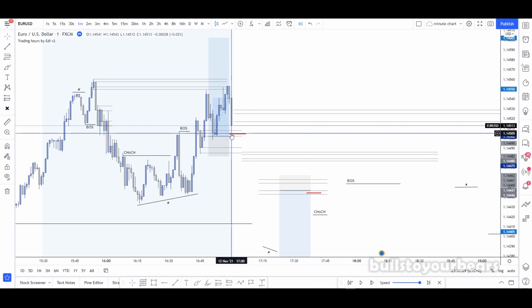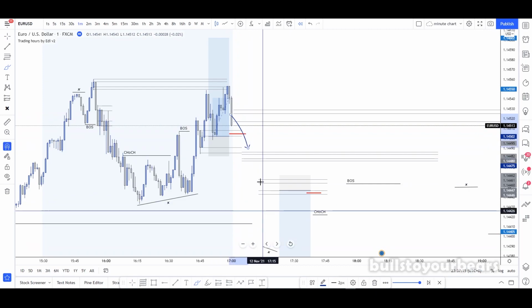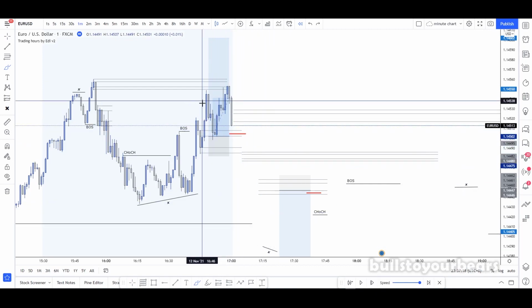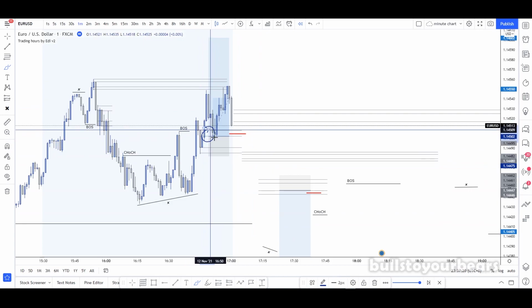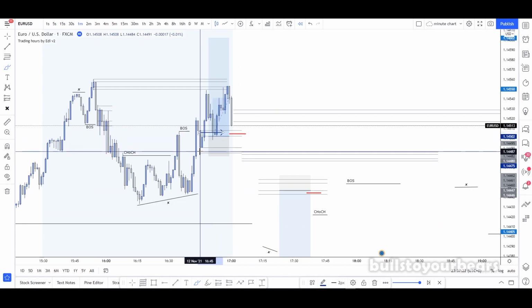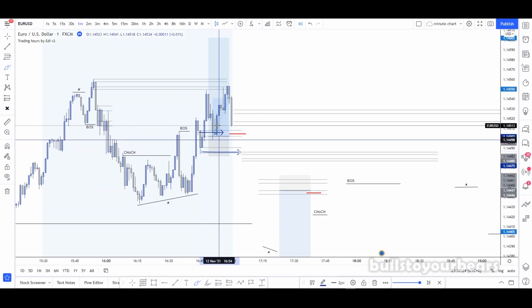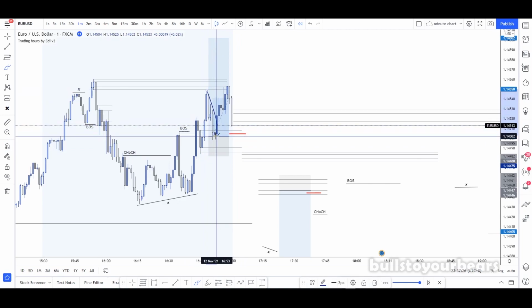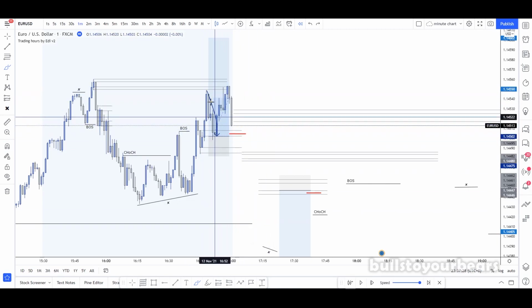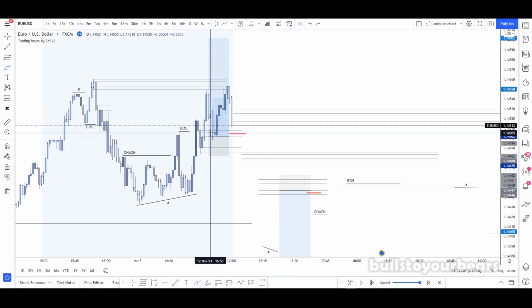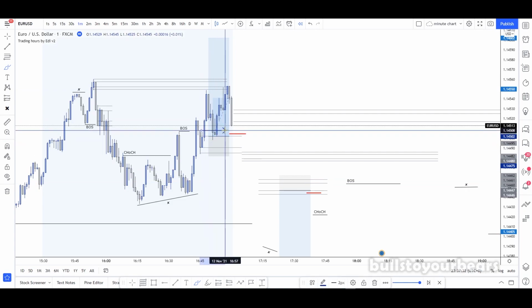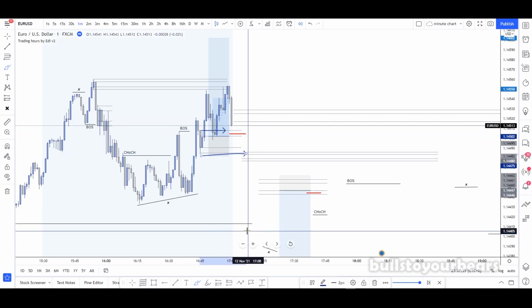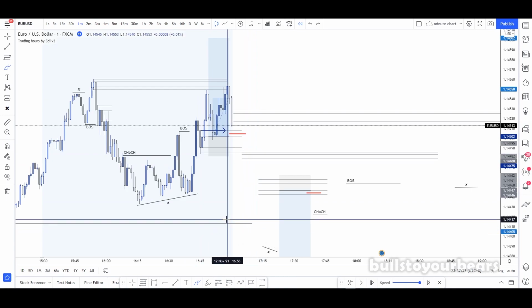Why? Because if I know I'm correct, we should never see price violate it. We should never see price come back down. Why? It mitigates the order here, meaning there are no more orders to be closed, because price came back in and caused another breakout structure. If it caused another breakout structure, you can simply assume that this is being used, like the banks closed that order.